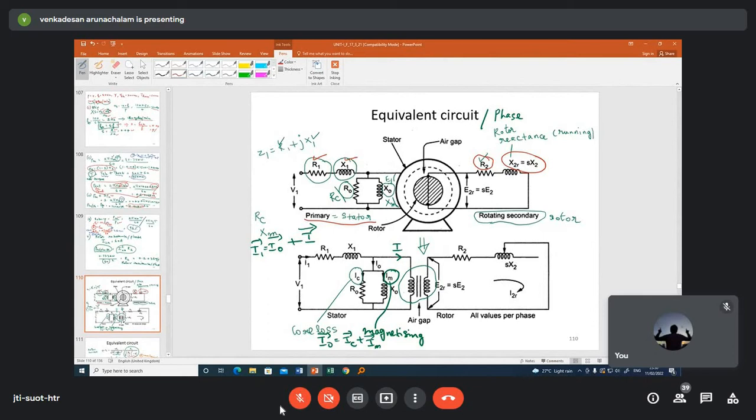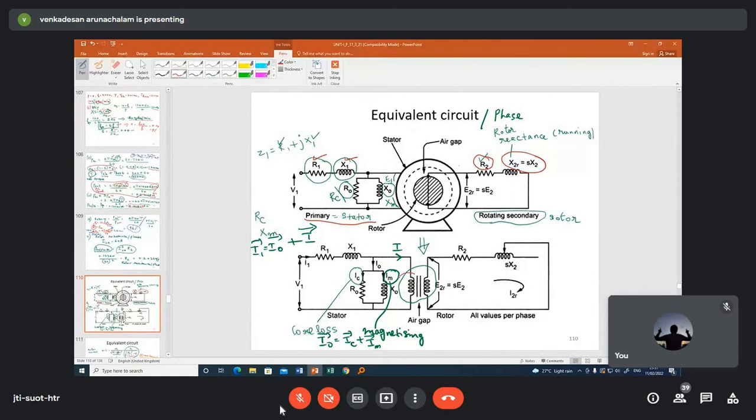The rotor induced EMF is S times E2, which we have already derived. The rotor resistance is independent of the slip, because it is independent of the frequency. Now the stator and rotor are coupled through mutual induction, which can be shown as a mutually coupled circuit.